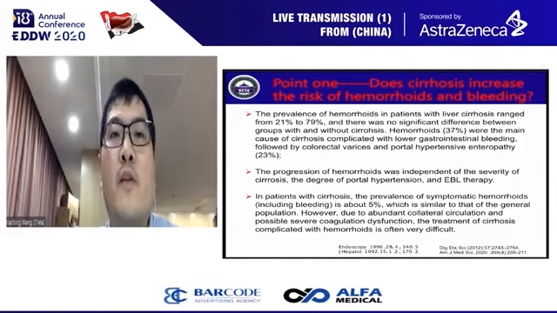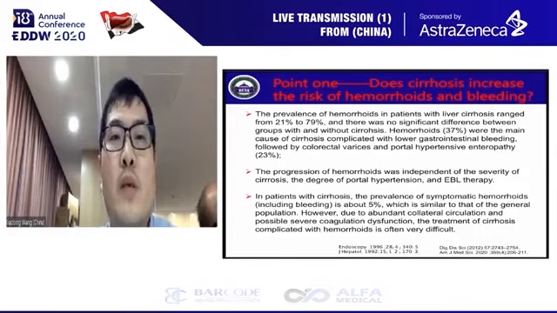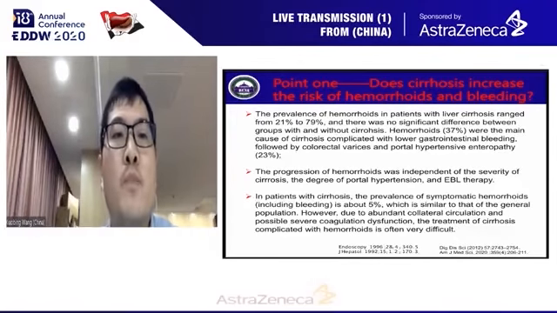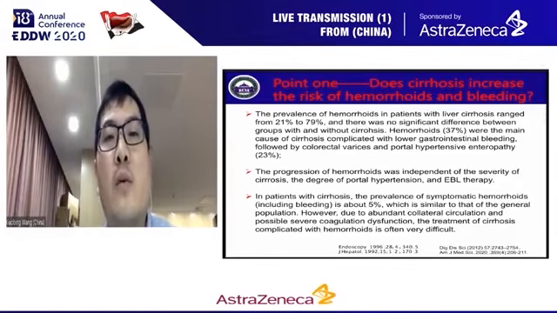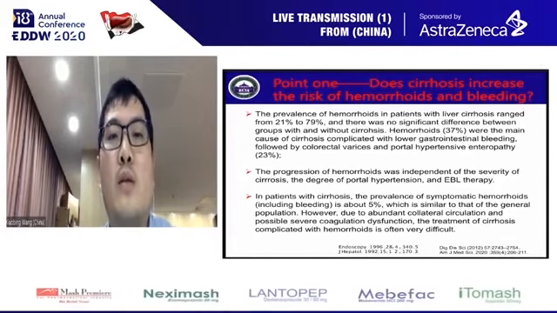The first, does cirrhosis increase the risk of hemorrhoids and bleeding? The prevalence of hemorrhoids in patients with liver cirrhosis ranged from 21% to 79%, and there was no significant difference between groups with and without cirrhosis.